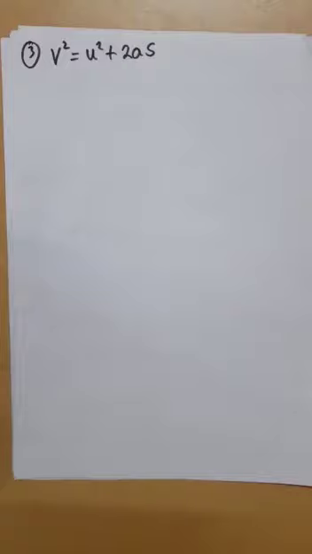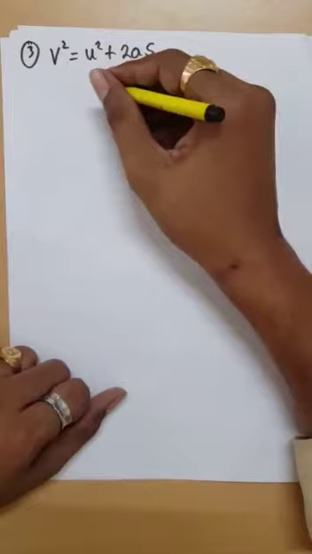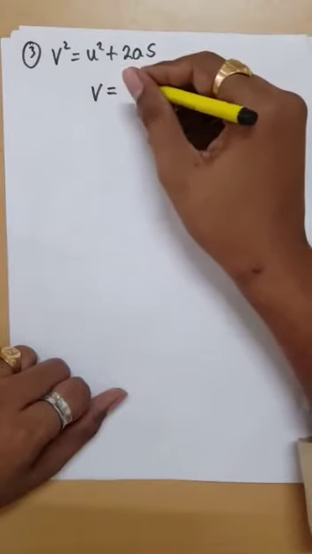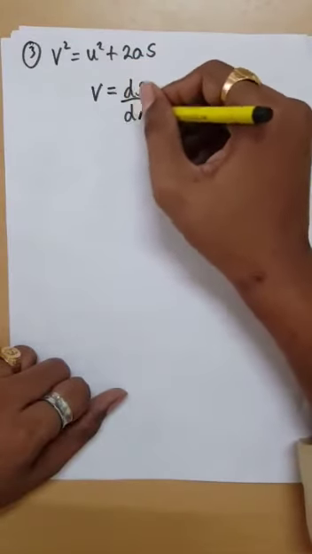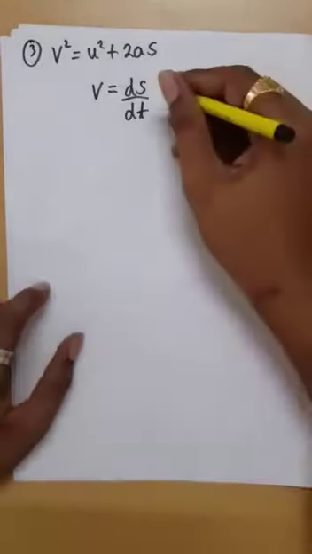Now this is the third equation of motion, that is v square is equal to u square plus 2as. How can we start the derivation of this equation? We'll start by using the expression v is equal to ds by dt, that is velocity is equal to displacement upon time. Now we can multiply it and divide it by dv.